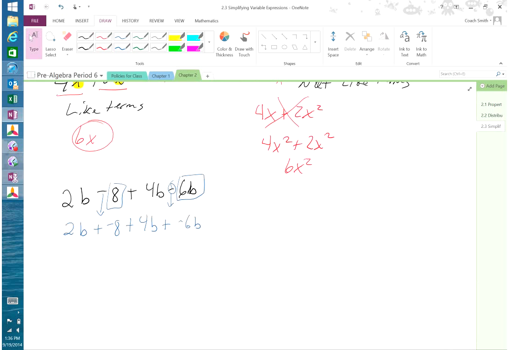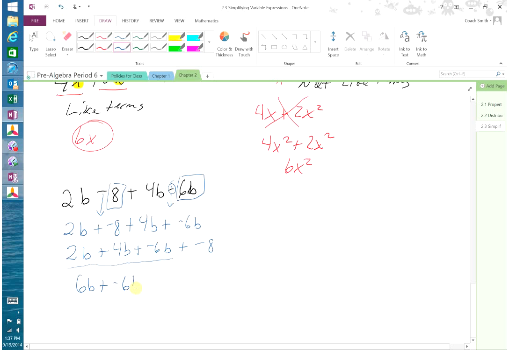Now, I'm going to use the commutative property and rearrange terms so I can put ones that are the same closer together. So that's 2b plus 4b plus negative 6b plus negative 8. So these are all like terms. What's 2b plus 4b? 6b.